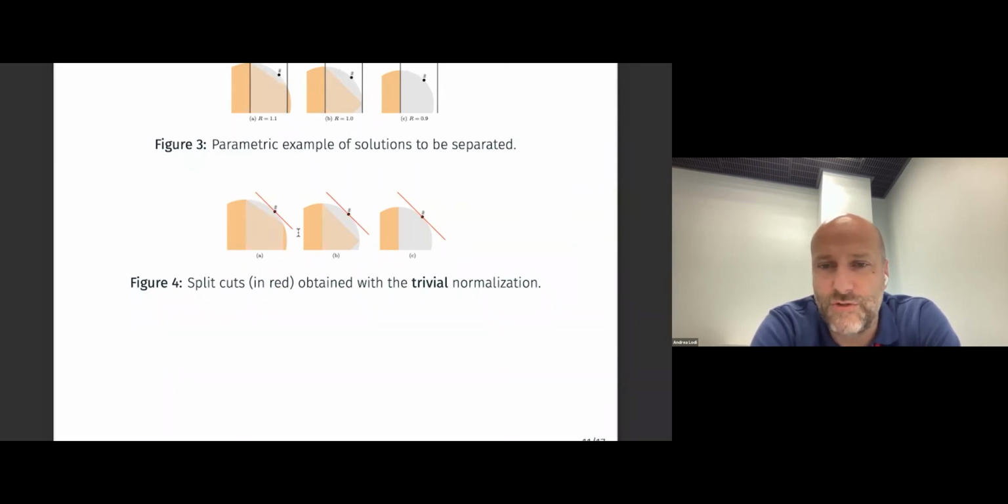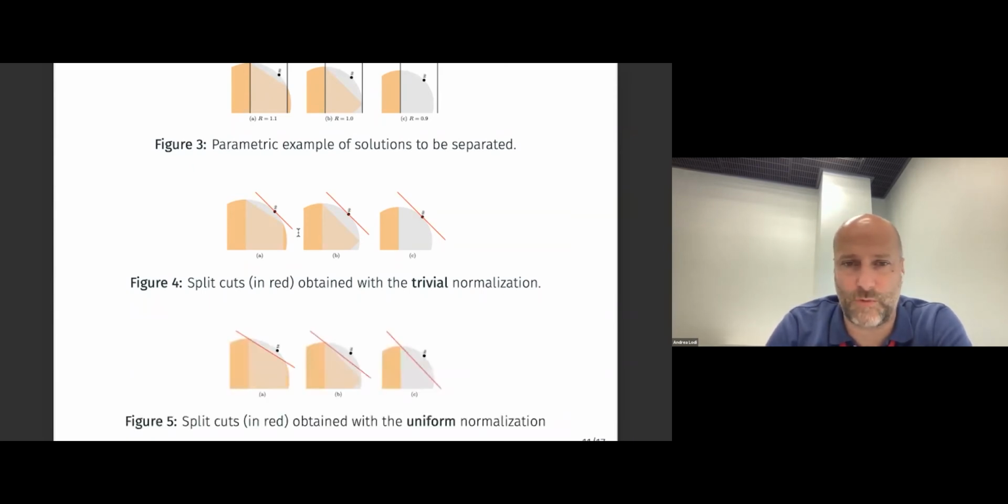So essentially, using the trivial normalization is not effective at all. It doesn't really produce the cuts I want. Just to give you an example, in the case of the uniform normalization for this particular example, I get what I really want in the A case, which is the best possible cut I could find.